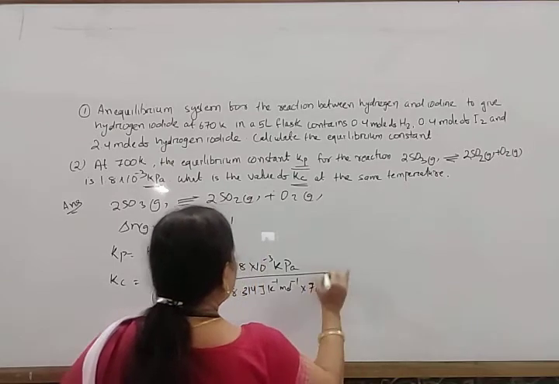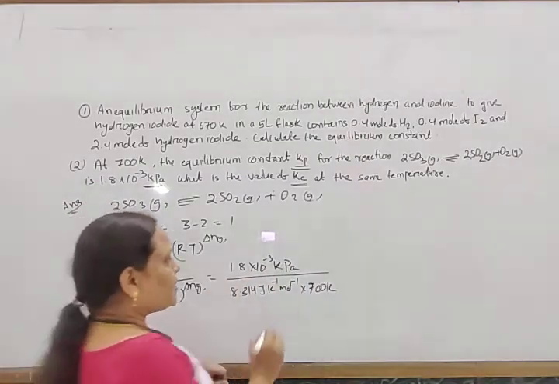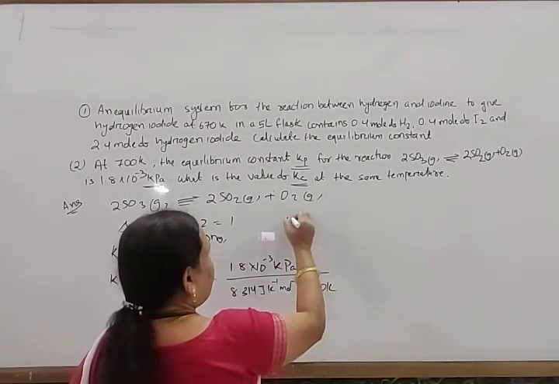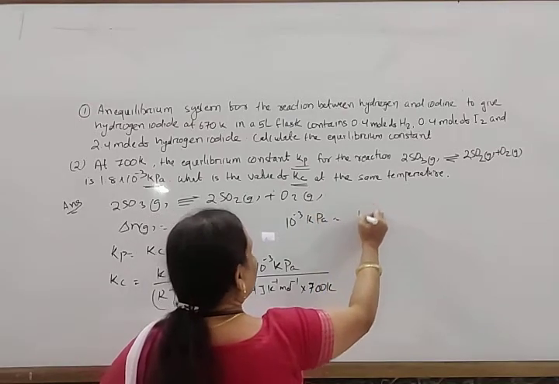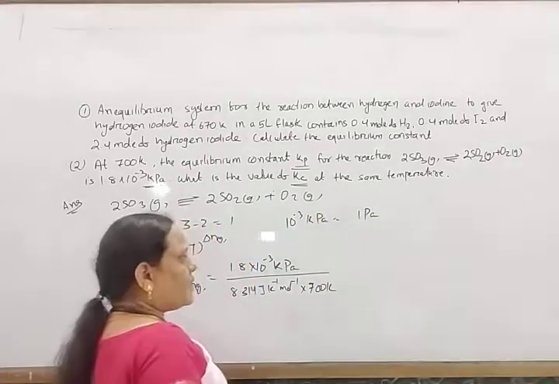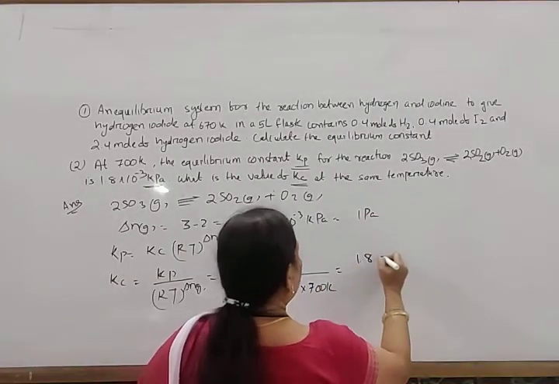Kilopascal means 10 to the power 3 pascal, so 1.8 times 10 to the minus 3 kilopascal is 1.8 pascal.